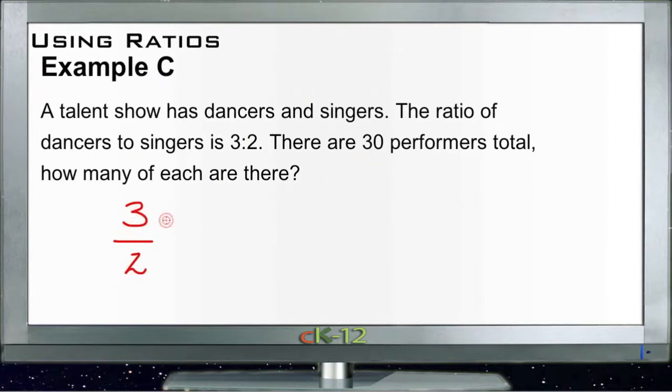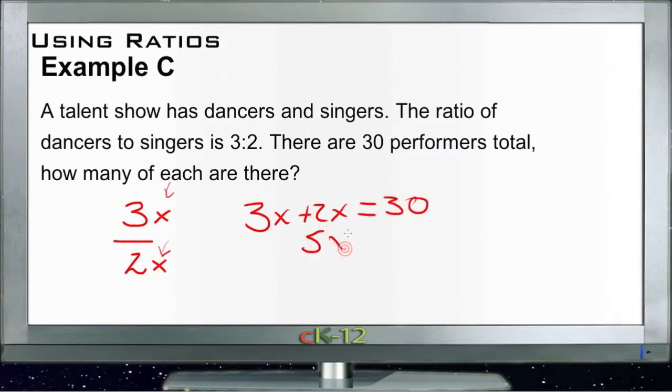Well, groups of means we're multiplying. So if we have 3 times x, that would represent the number, mysterious, we don't know yet what it is, number of dancers. And 2 times x will be the same number of groups of singers. So then we can say that 3x plus 2x equals 30, our total number of performers.